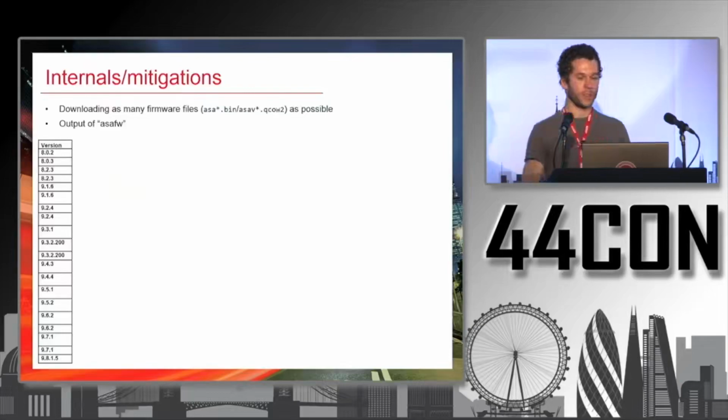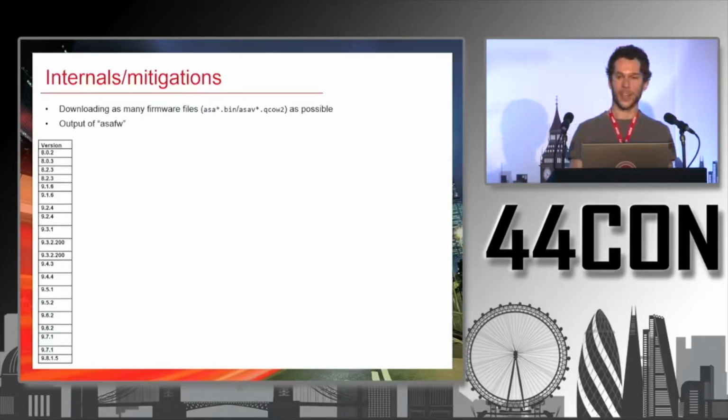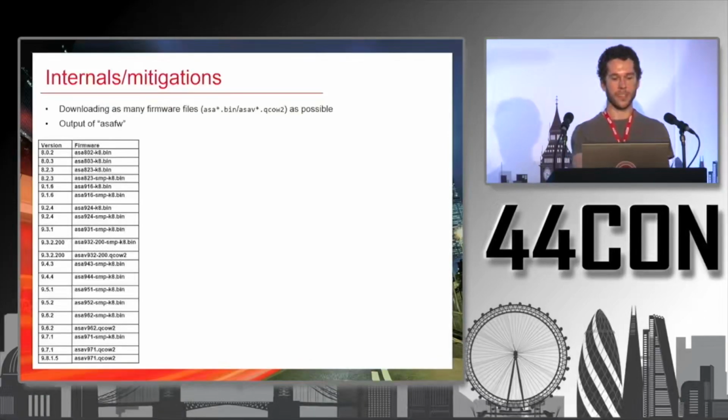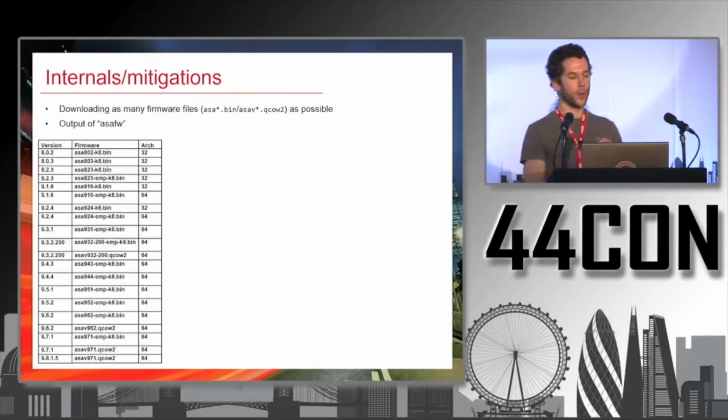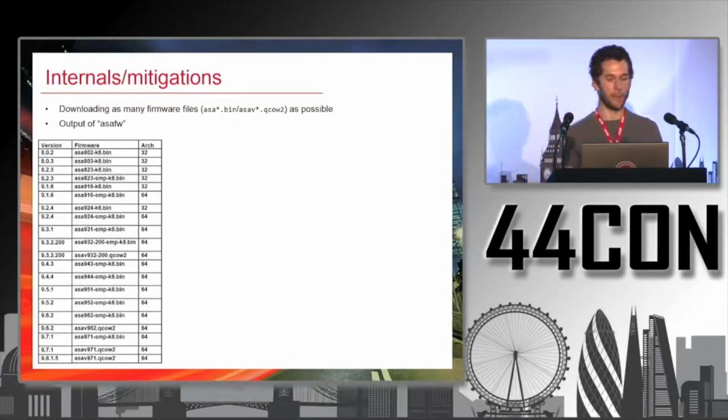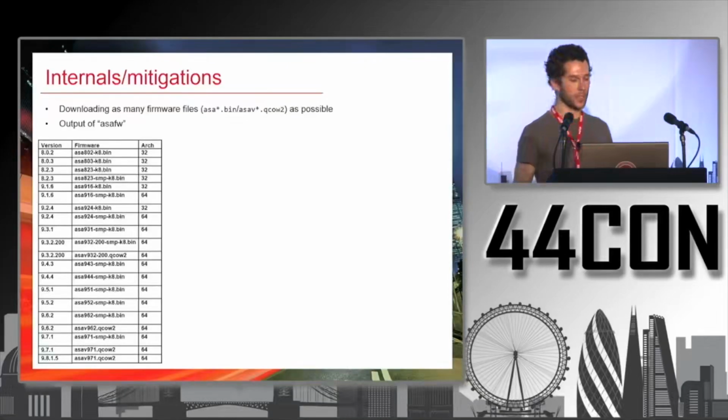I'm not going to list the 200 versions because it's going to be boring, but I took a few versions just to give you an idea. For example, if you look at 9.2.4, you have ASA 9.2.4 and ASA 9.2.4 SMP, and both are the 9.2.4 version, but there is 32 and 64-bit.